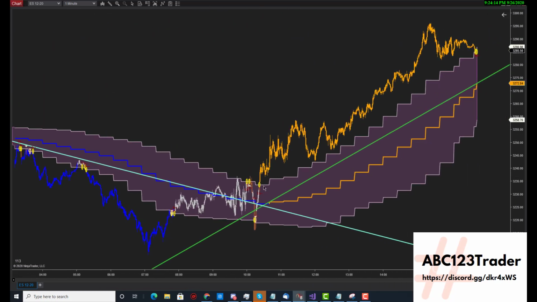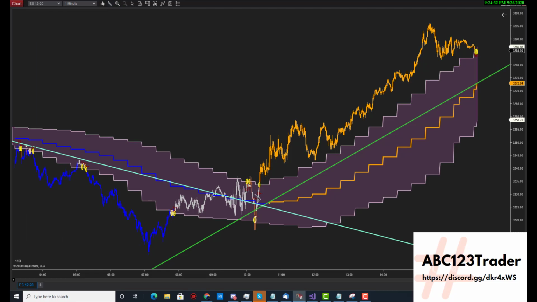Now, once it does break, if you're not sure how to use a trailing stop, you can literally use the standard deviation all the way up for a trailing stop.